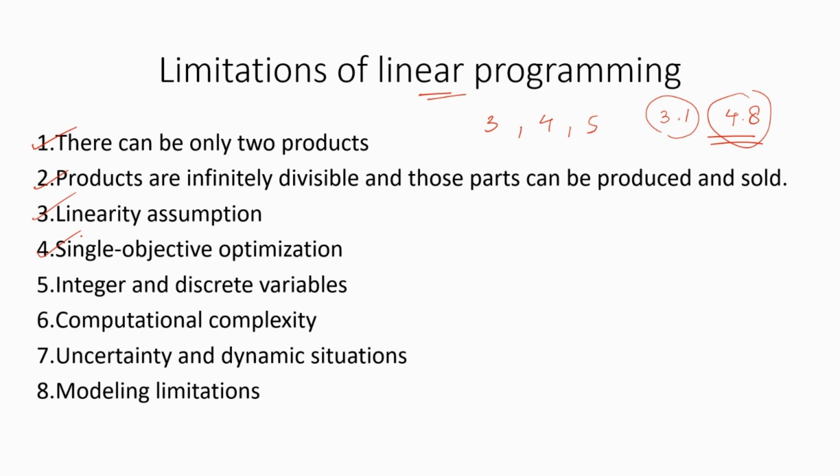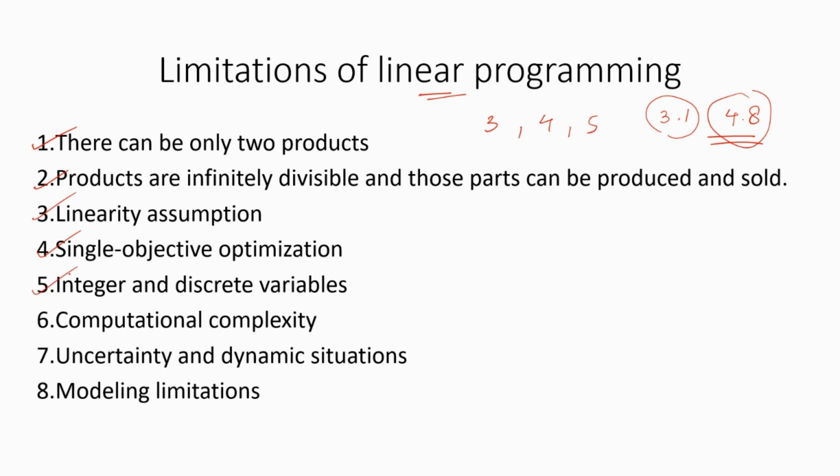Single objective optimization. Linear programming focuses on optimizing a single objective function. In many real world situations, there are multiple conflicting objectives that need to be considered simultaneously. Linear programming does not easily handle problems with multiple objectives, and trade offs between them may not be adequately captured.